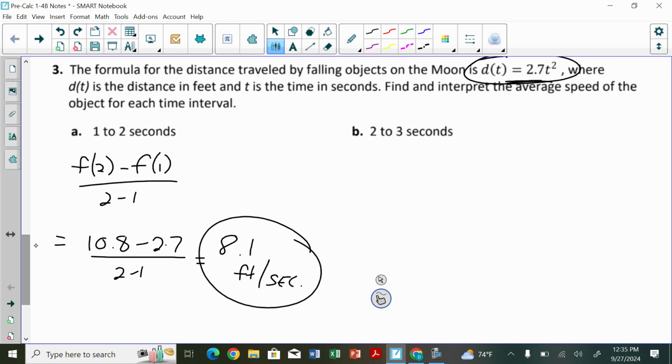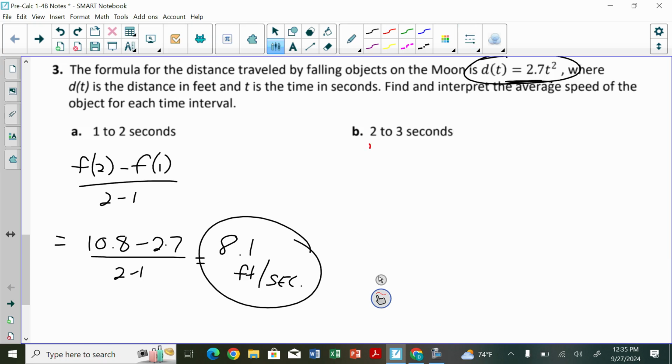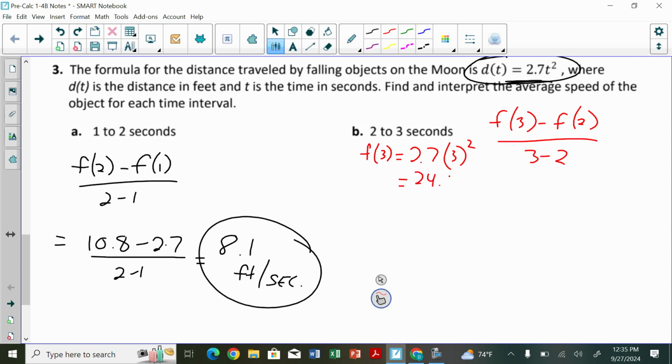But you could also evaluate them both, so let's do that on the second one. We're going from 2 to 3, so it's f of 3 minus f of 2 over 3 minus 2. Let's do it the way where we evaluate the functions first. If I plug in f of 3, it's 2.7 times 3 squared, which gives us 24.3.